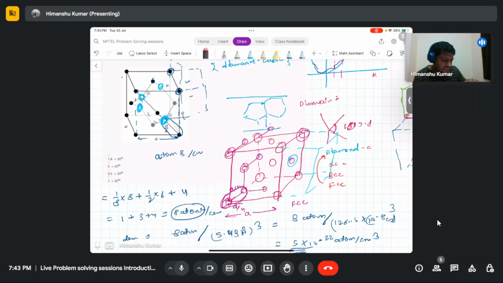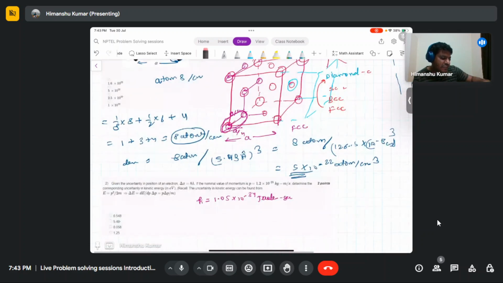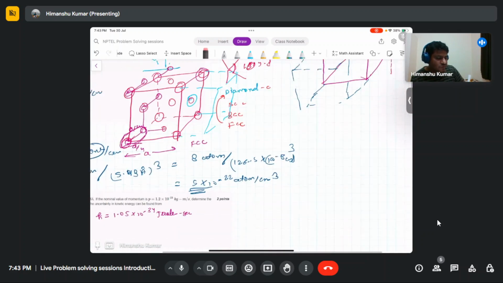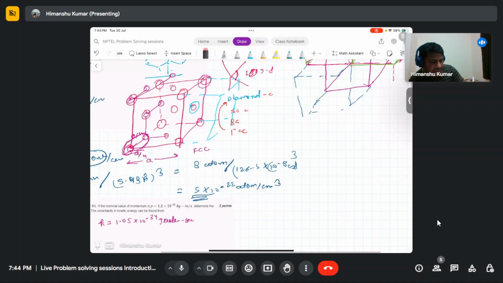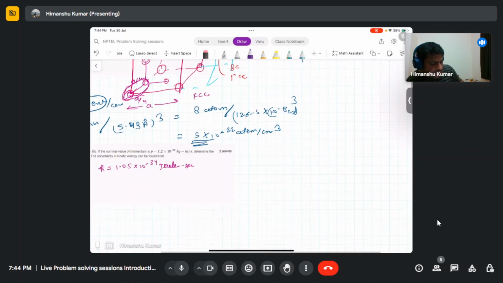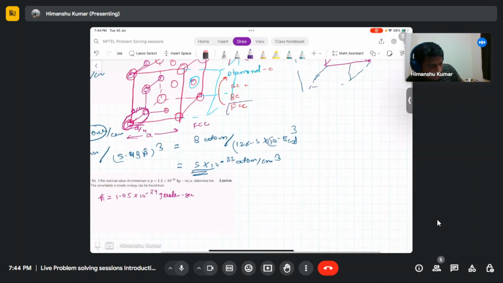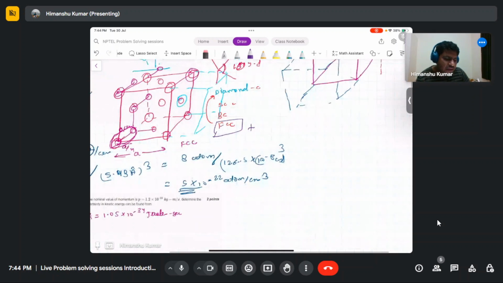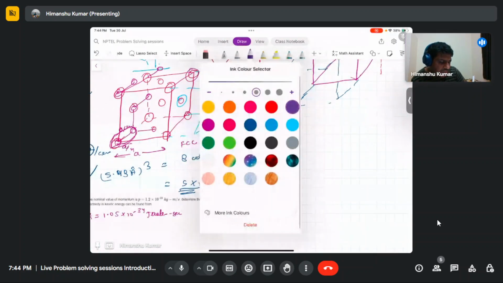Whatever you have studied in your 12th class, you might have studied this FCC structure. But for the actual crystal, this is the lattice, plus you need to put the actual atoms, the basis. As an analogy, suppose you want to make a garland out of beads.